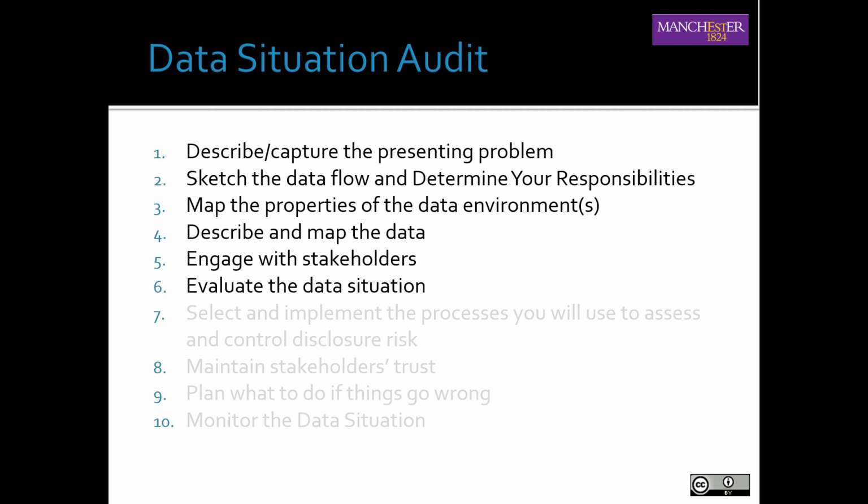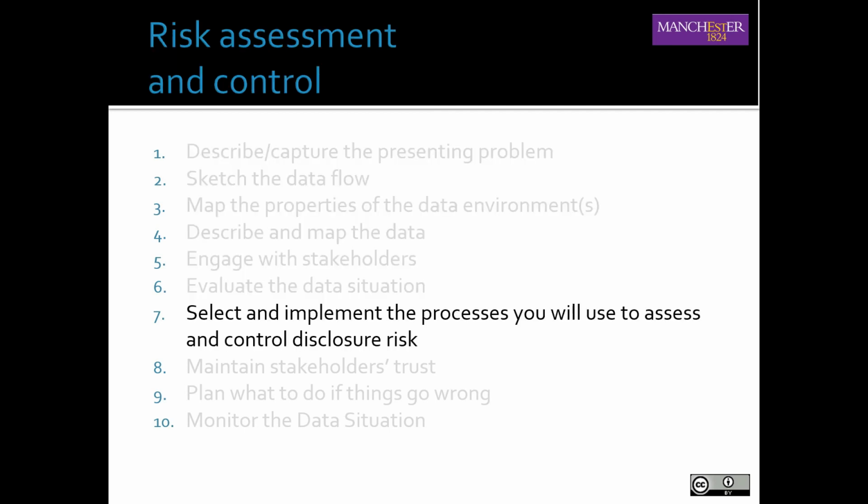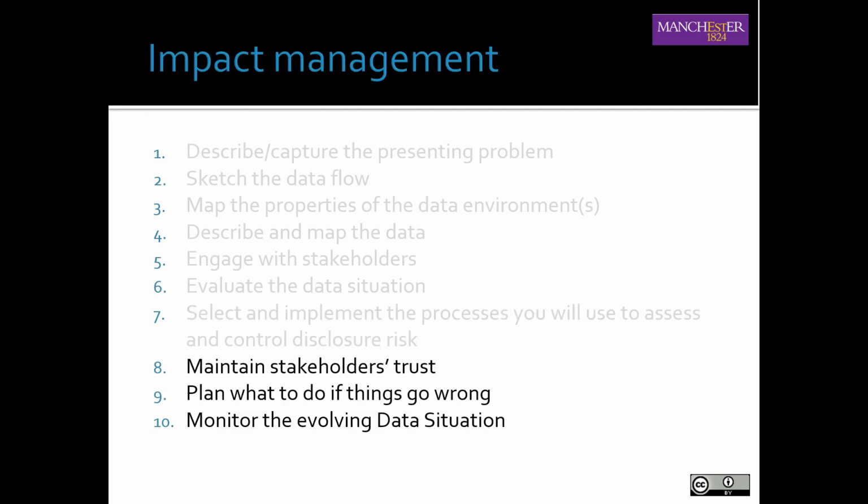The evaluation then leads to decisions about whether you need to employ disclosure controls or further disclosure risk analysis. And that's the second activity. And then finally, impact management. There's a lot built into the anonymisation framework about maintaining relationships with stakeholders as being vital to managing risk.